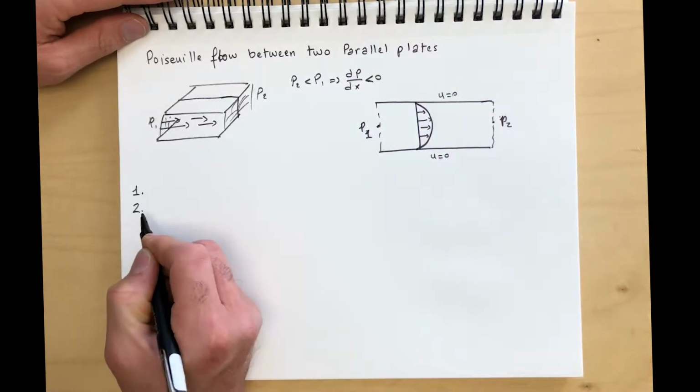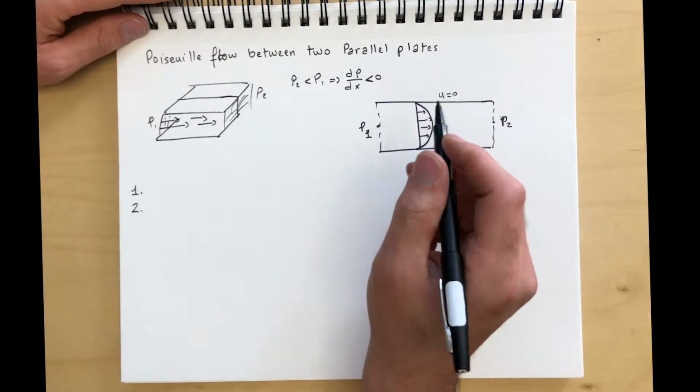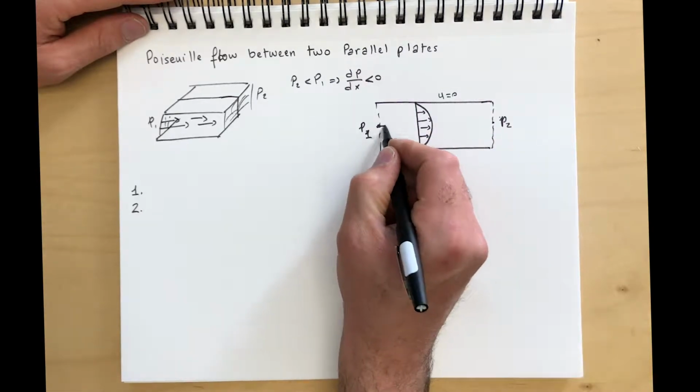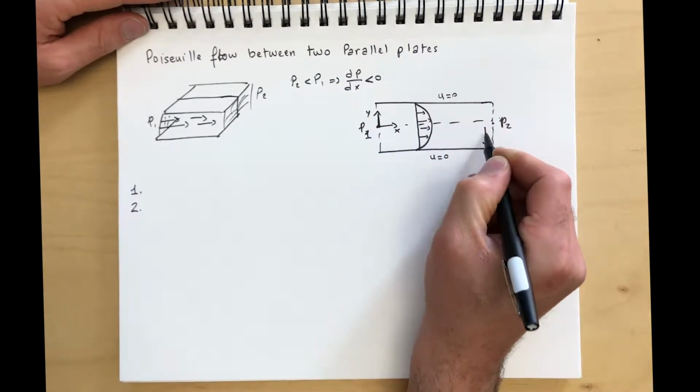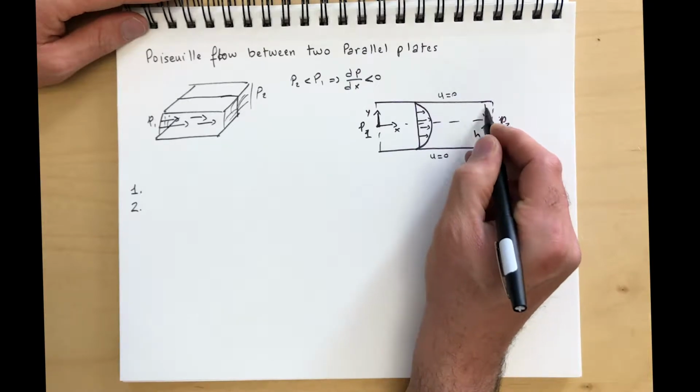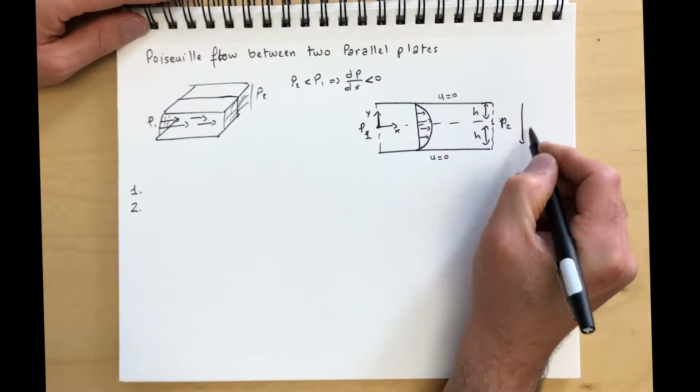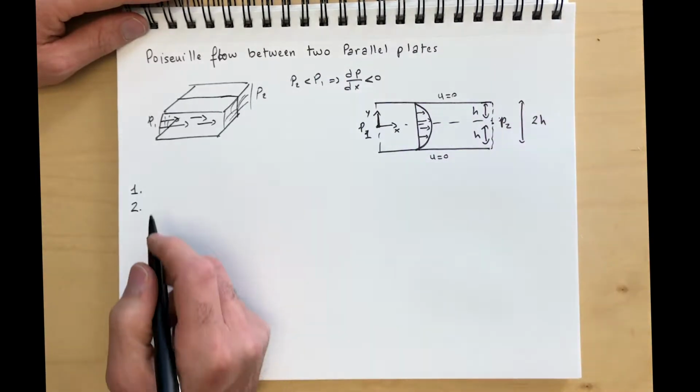And for step 2, we're going to consider a coordinate system. We're going to place it right here in the center, x, and this is y. The channel height is going to be 2h, so we have an h over here and an h over here. The total height is 2h.